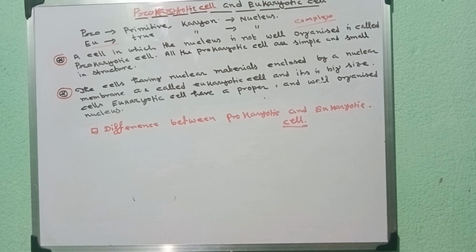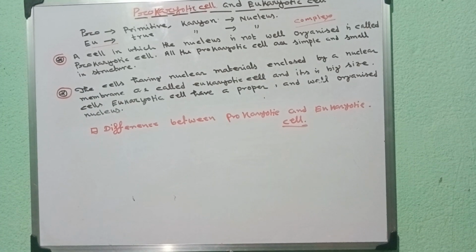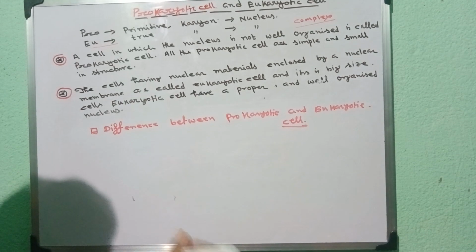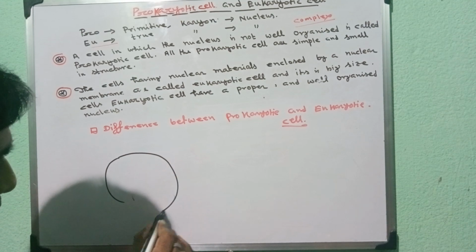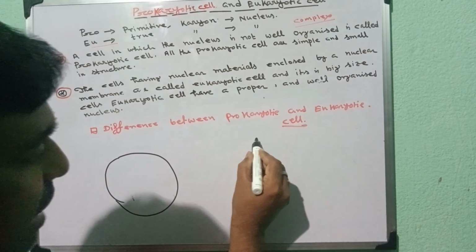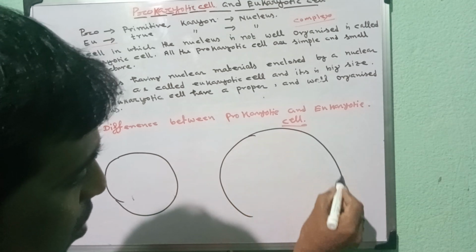So this is the figure that we just drew here. This is the small and simple structure, the prokaryotic cell, and this is the eukaryotic cell, the big and complex structure.